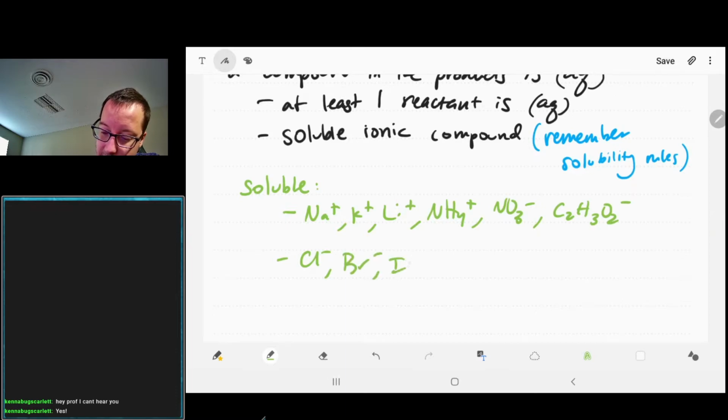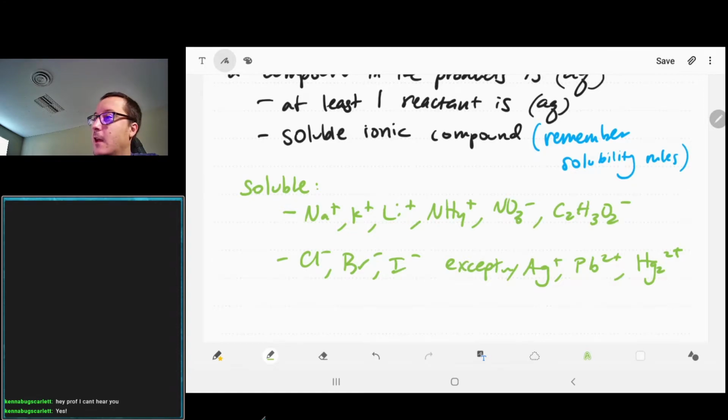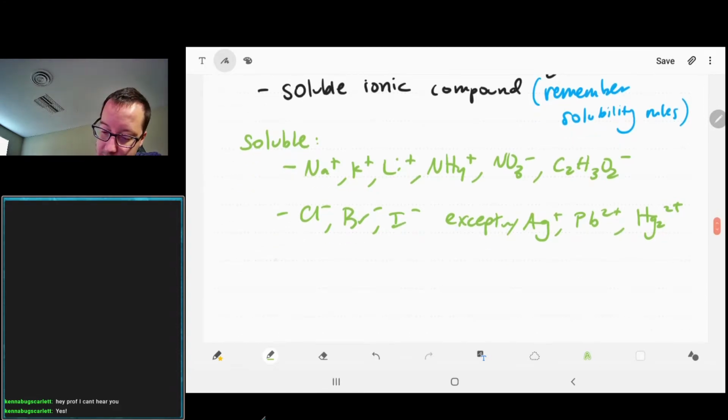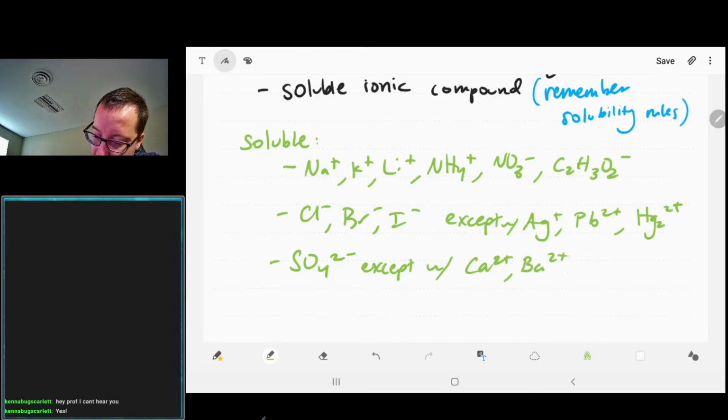Then Cl, Br, or I, except lead and mercury. And then the last one we had was things with sulfate, except calcium, barium, strontium, and those same ones from before.